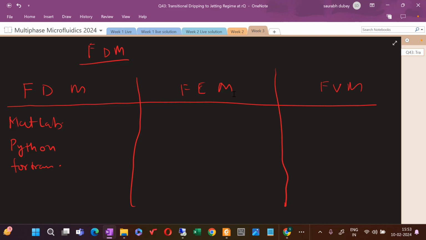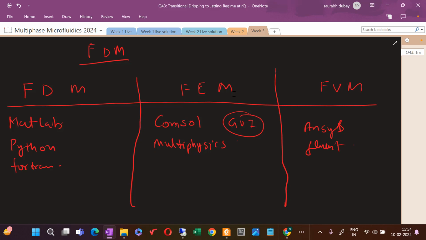Then the finite element method based software is COMSOL Multiphysics. This is used to get information, especially when fluid is interacting with a structure. So, a very good method. And then the finite volume method based GUI software is ANSYS Fluent.